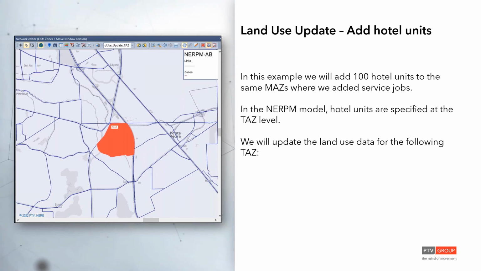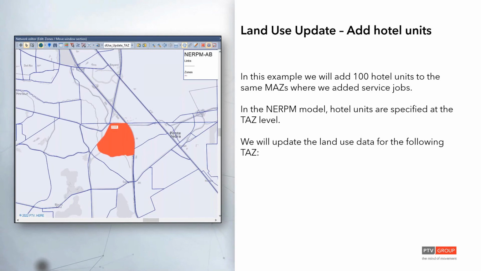And one thing to note here is in NERPMAB model, hotel units, the data for this is specified at the TAZ level. So far, we had been making changes at the MAZ level. So you should always make a change for a variable at the lowest geography. So like most demographics like households and employment is available at MAZ level in this model.